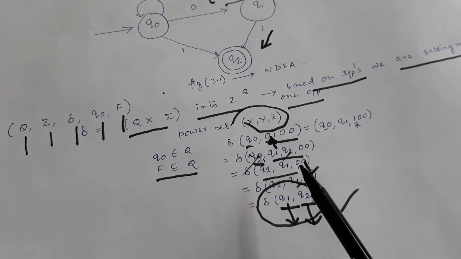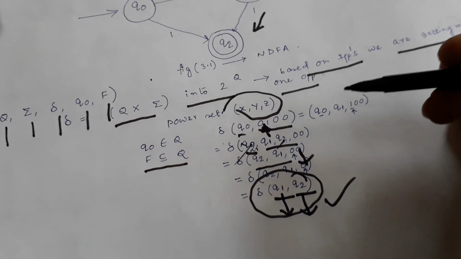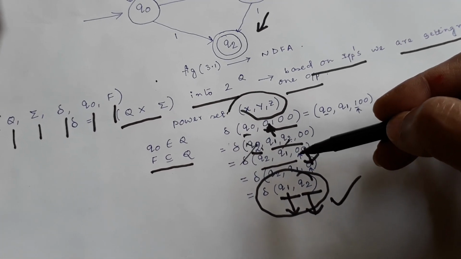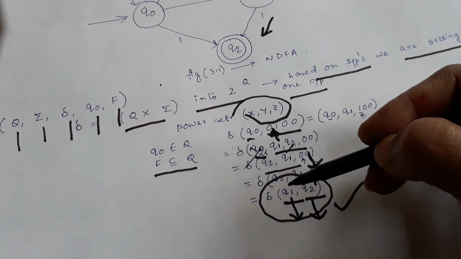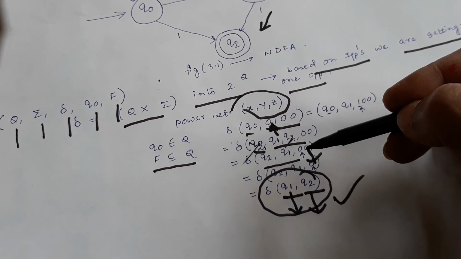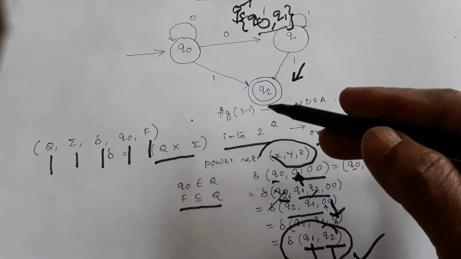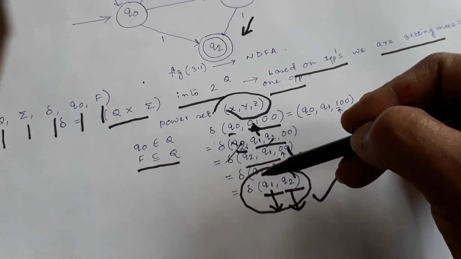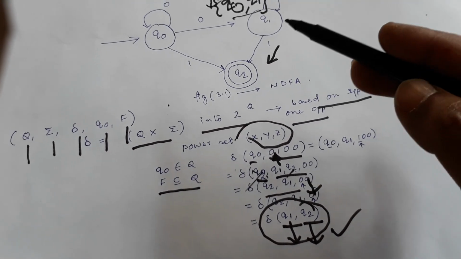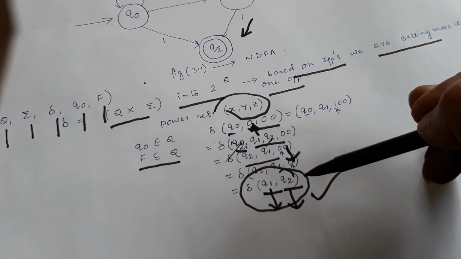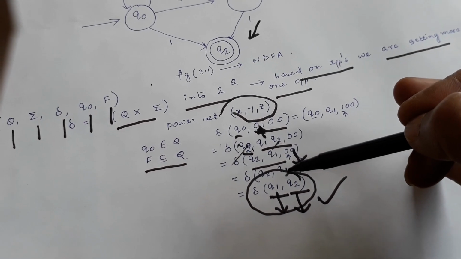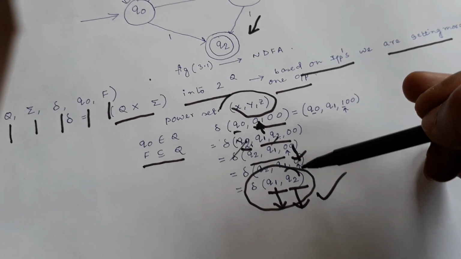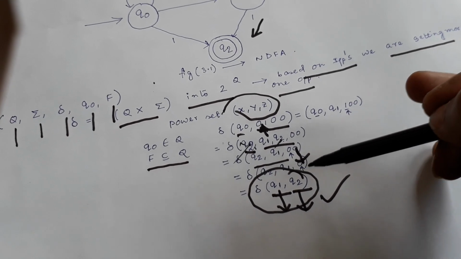Now this particular 0 can be processed. For q2 on 0, if you apply 0 to q2, no more processing is there, so we keep q2 as it is. q1 on 0, no more processing is there, so I am leaving q1 as it is. So we have q2, q1 and 0.